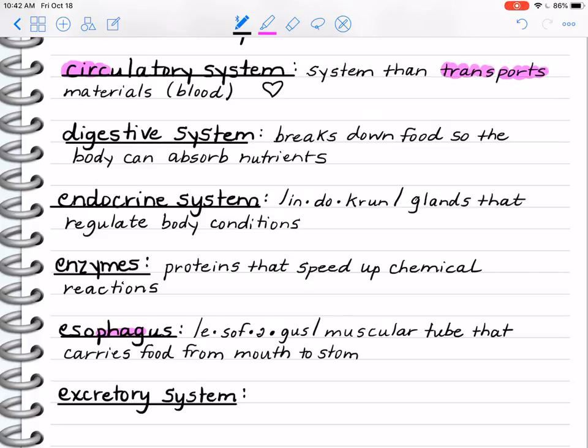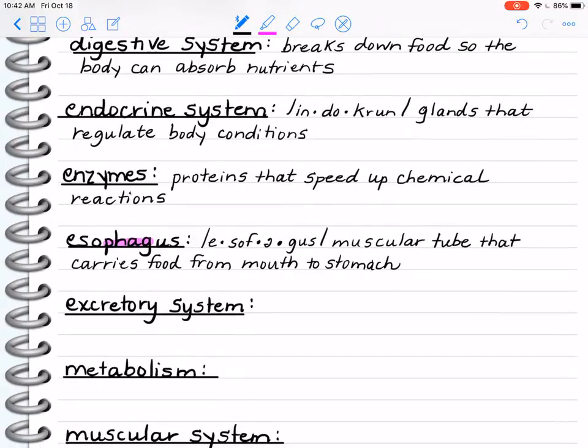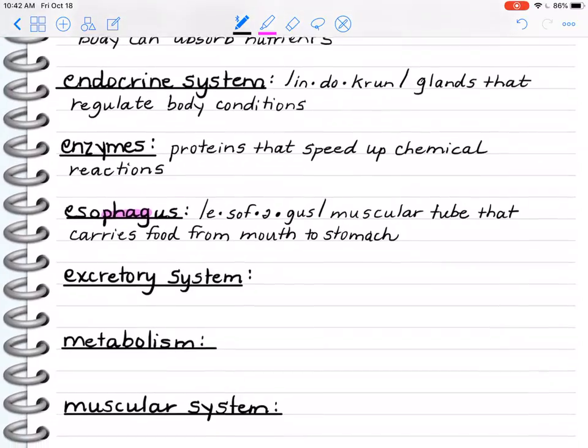So when you swallow food, it is passing through your esophagus. And phage, P-H-A-G, means to eat or to devour. So we'll add that to our list in just a minute.